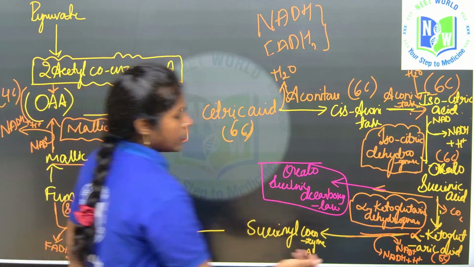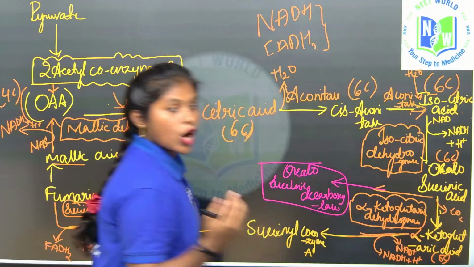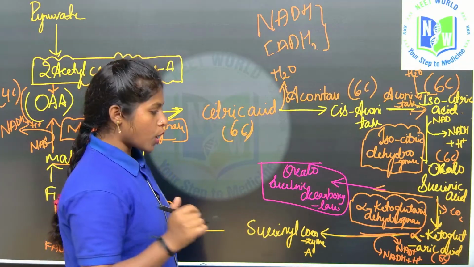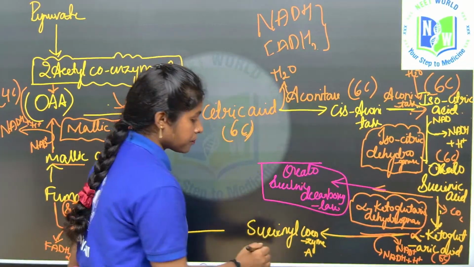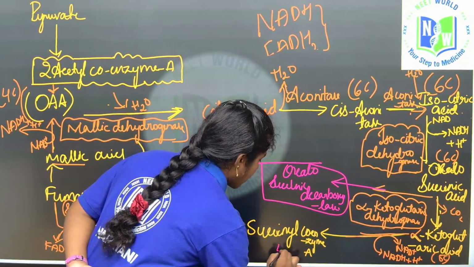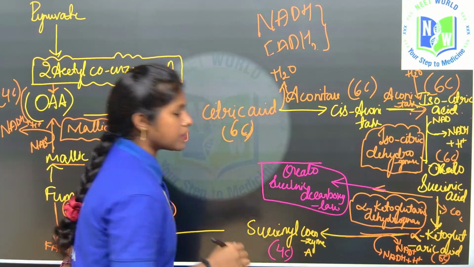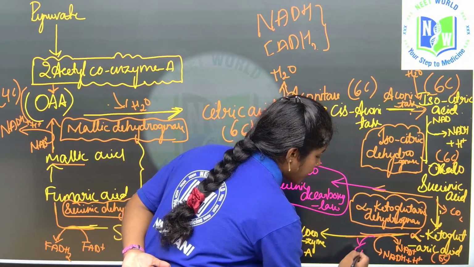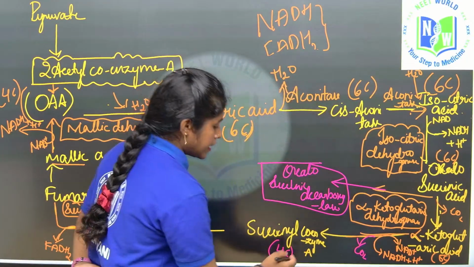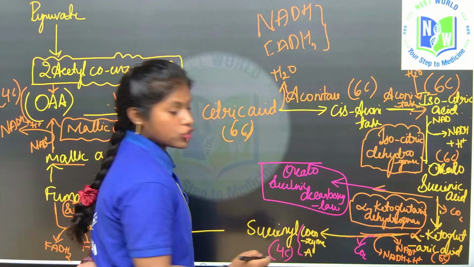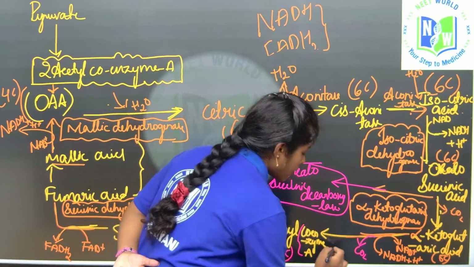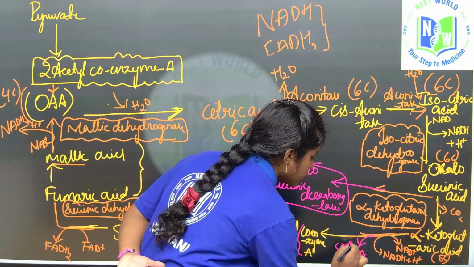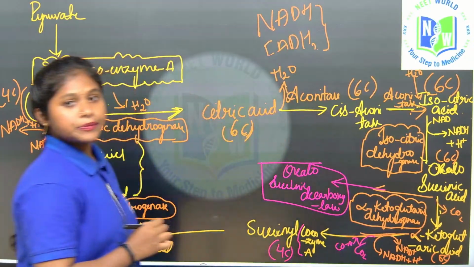And then this alpha ketoglutaric acid, how many carbon compound? 5 carbon compound. Then it is turning back into a 4 carbon compound. Succinyl coenzyme A is a 4 carbon compound. Then there is a release of carbon dioxide here, right? And it is having coenzyme A now, which means the condensation process is happening, which means coenzyme A is adding to this process. Got it?